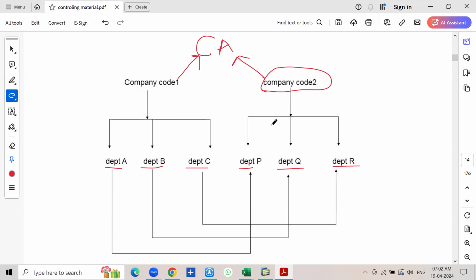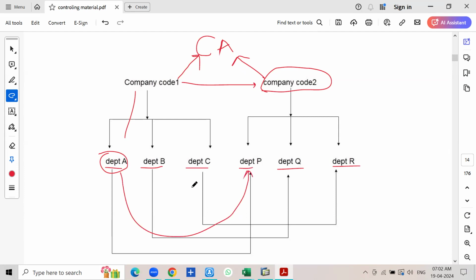So in addition to comparing the performance at the company code level, we can compare the performance of Department A of company code 1 with the performance of Department P of company code 2.